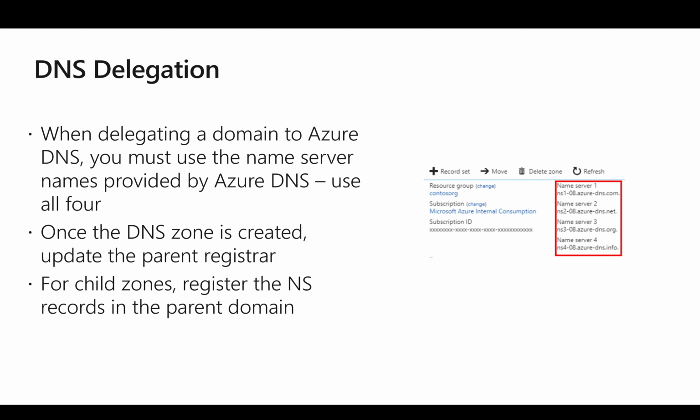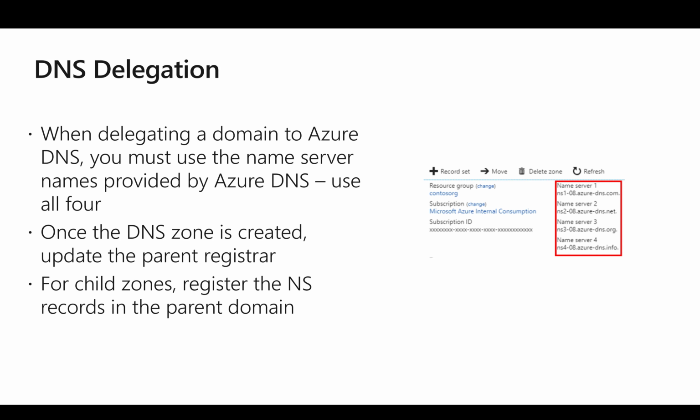So whenever we are trying to delegate this DNS zone, we need to register these name servers with our parent registrar or the DNS registrar, and whenever there is a query for that parent domain or the top level domain, we will get that information with our name servers.